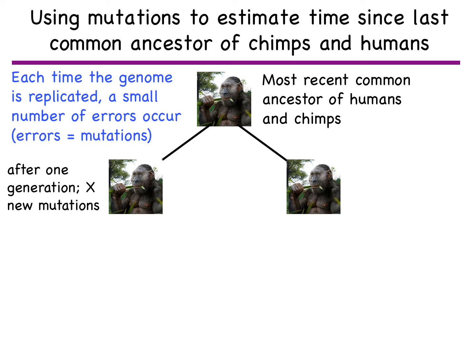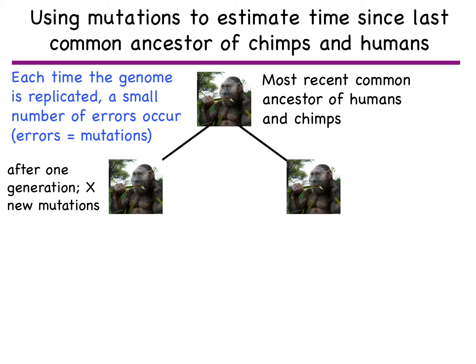So even if you only make a mistake once every, say, million base pairs, that's still going to be a lot of mistakes, right? And actually the machinery that replicates the genome makes mistakes at a lower frequency than that. So at any rate, even after one generation, you're going to have acquired a set number of mutations, just because the process of copying the genome is somewhat error prone.